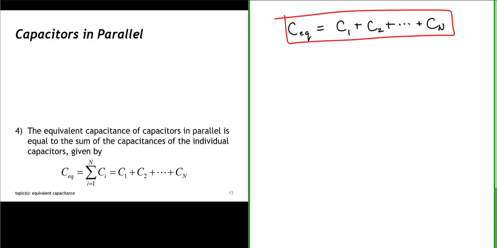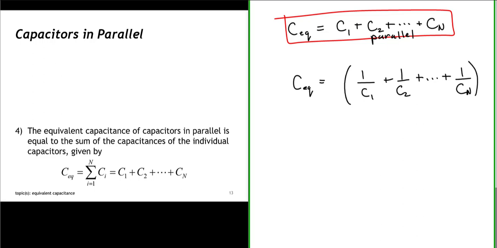So if you have two or more capacitors in parallel, the equivalent capacitance is the sum of them. This is different than what we learned when we looked at capacitors in series. For capacitors in series, we saw that the equivalent capacitance is equal to the reciprocal of the sum of the reciprocals of each of the capacitances in our combination.